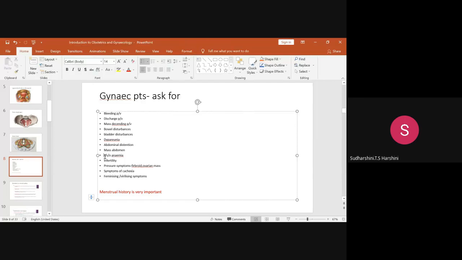All the features of anemia you'll ask when she's having severe bleeding PV. And sometimes the patient may present with infertility. Some may present with pressure symptoms. This is mainly in fibroid and ovarian mass.